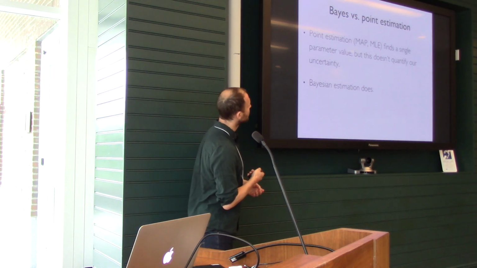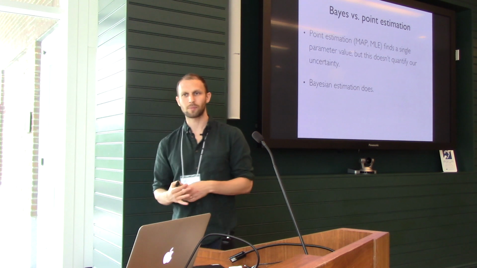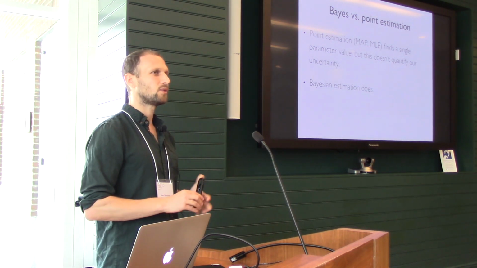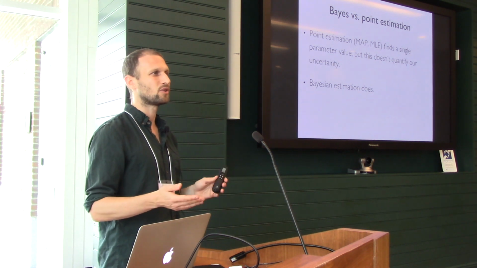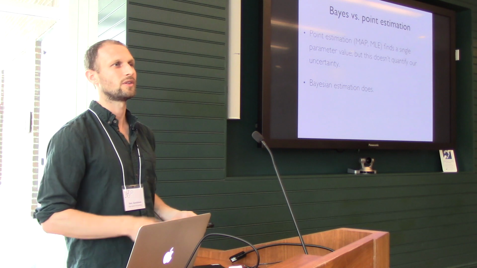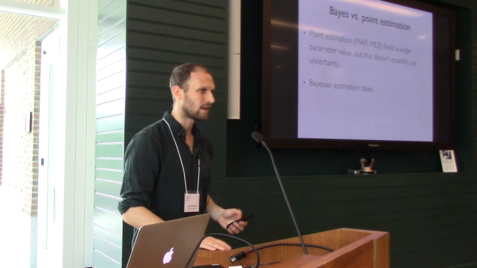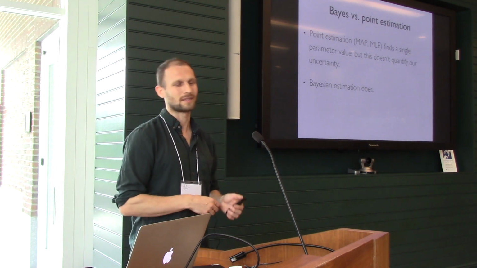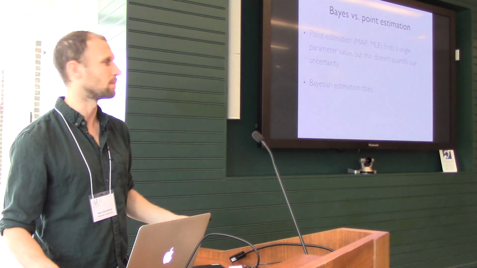The reason is that the point estimate basically gives up all representation of uncertainty. So you can't quantify your uncertainty, and you could have really strong evidence for a point estimate or really weak evidence, and you wouldn't really know the difference. I'm going to show you later a kind of clever technique to basically get uncertainty out of point estimates, and I'll explain what that means in a second.